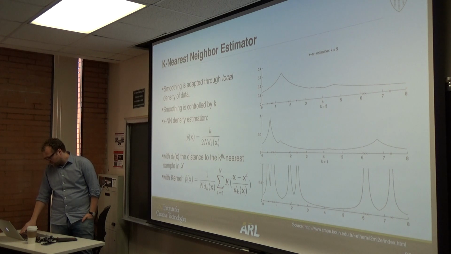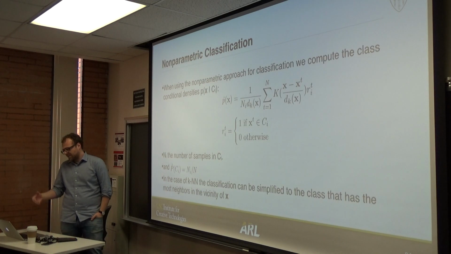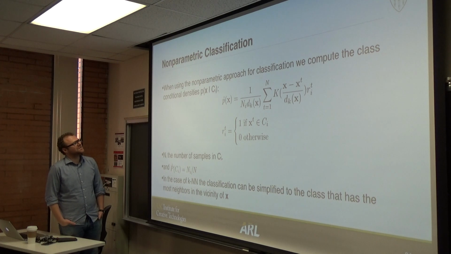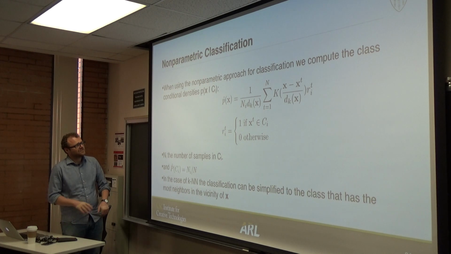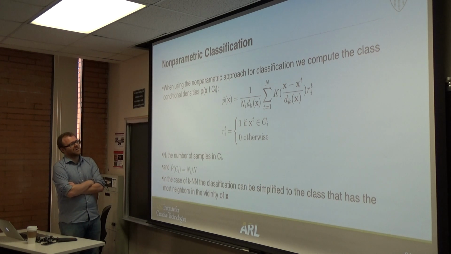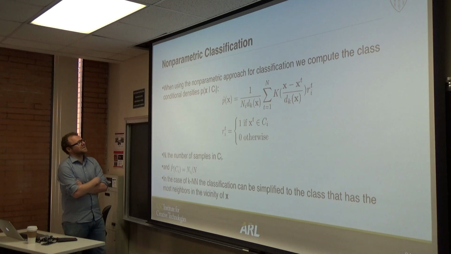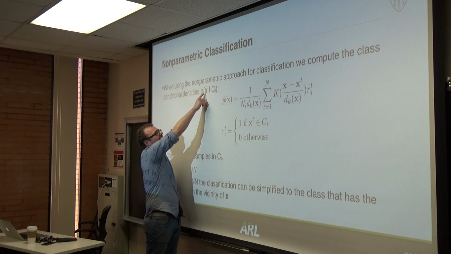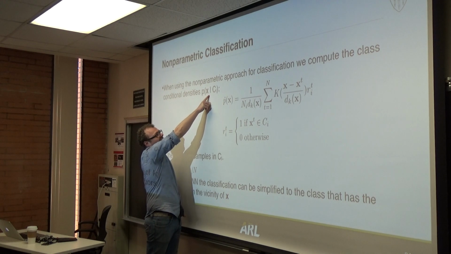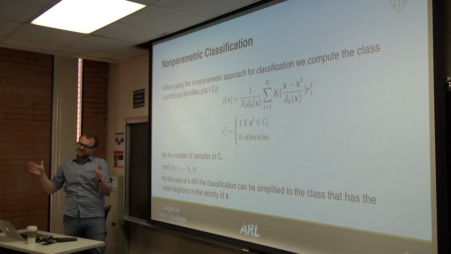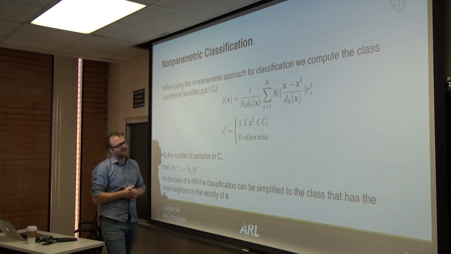And you can also use this for classification, obviously. When we're using the non-parametric approach for classification, we compute the conditional density. So we want to know the density for the observations x given a certain class, and we just choose the one that has the highest density at that location.